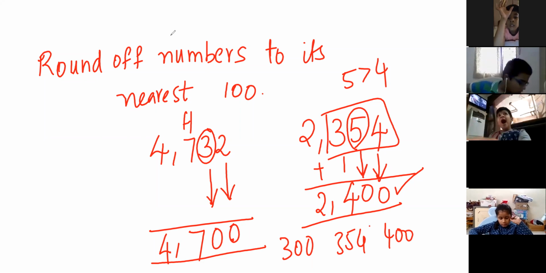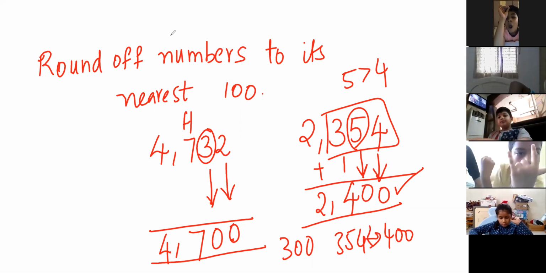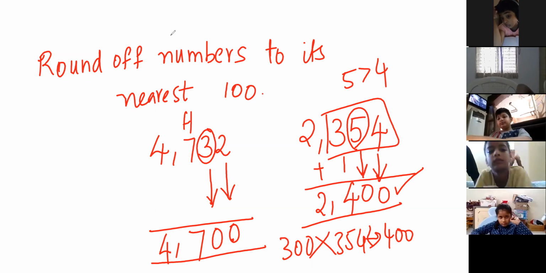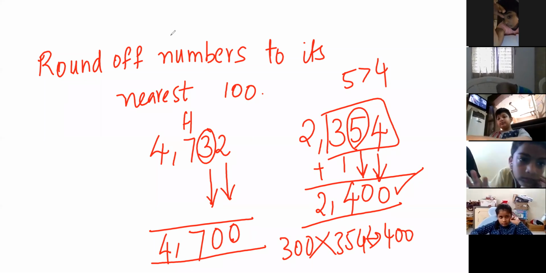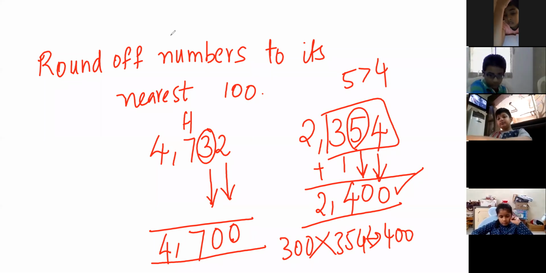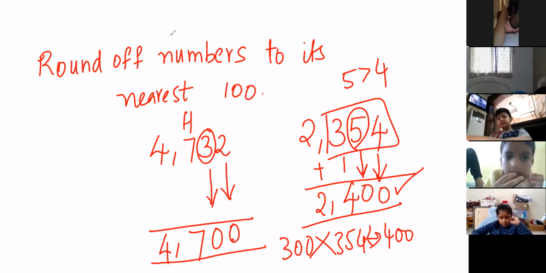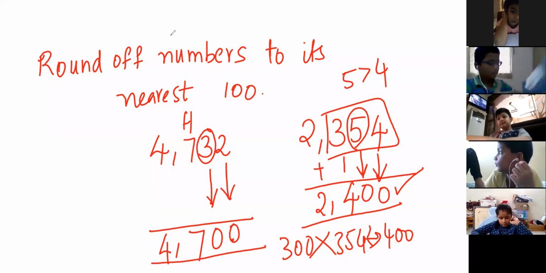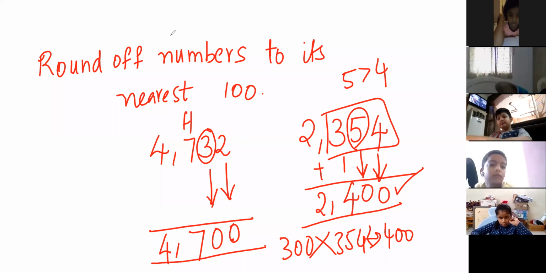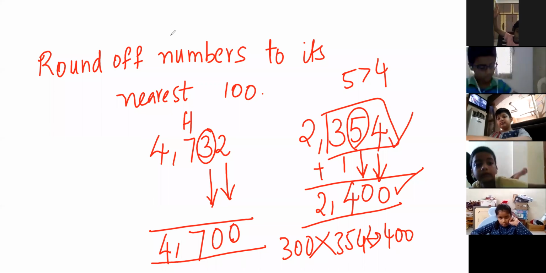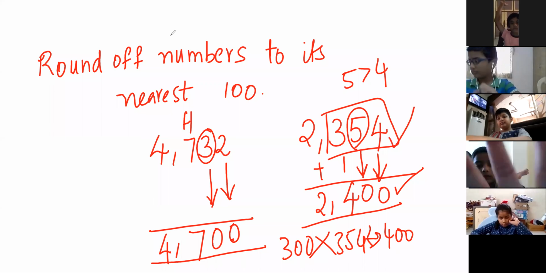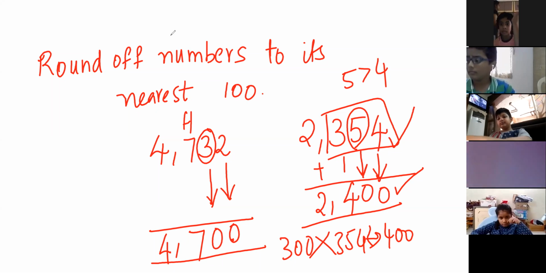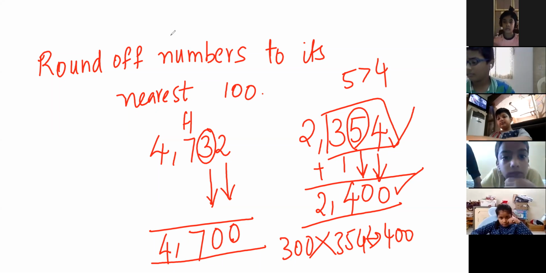But it is closer to 400, not 300. With this method, as I said previously, you can choose the nearest number. Sritan, any doubt?